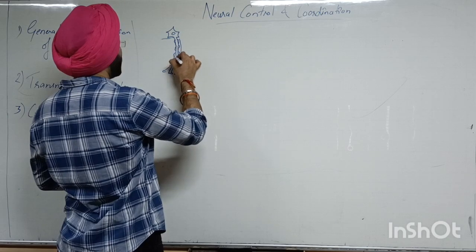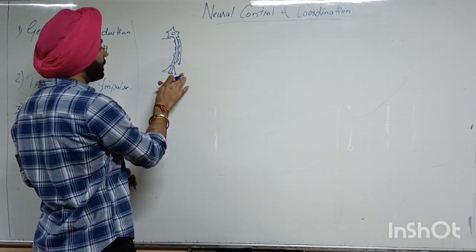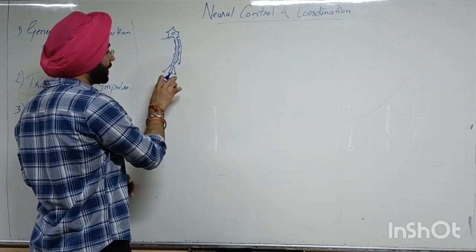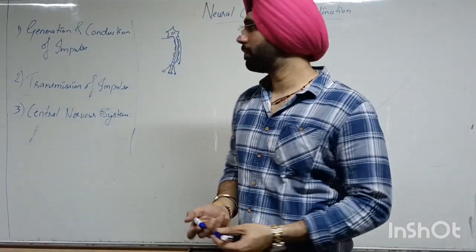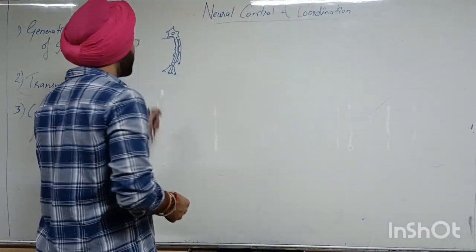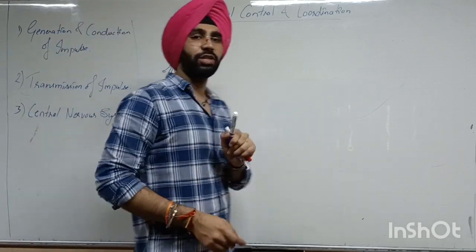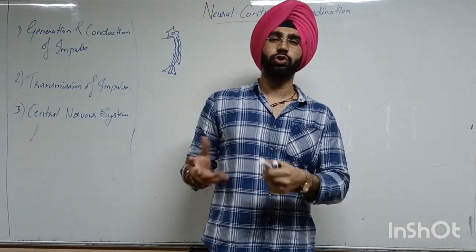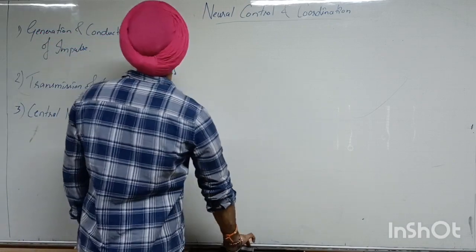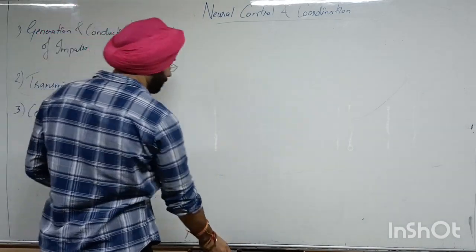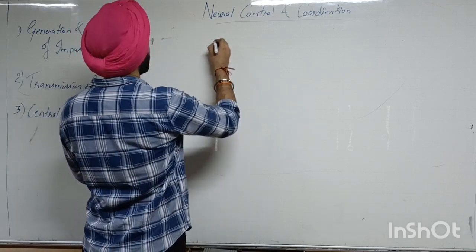So what happens when the impulse comes at the synaptic knob? The synaptic knob is a bulb-like structure present at the termination of a branch of the axon. Let me explain; this is going to be studied in nerve impulse.